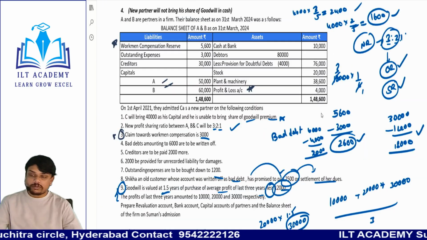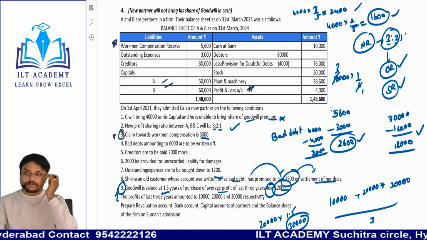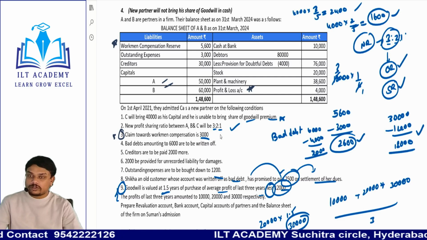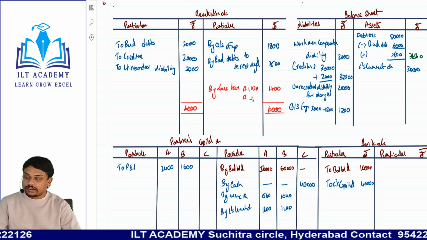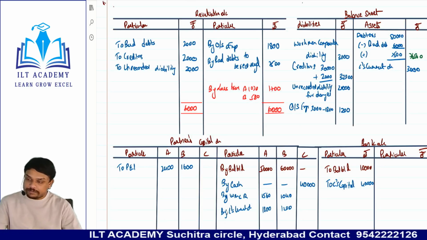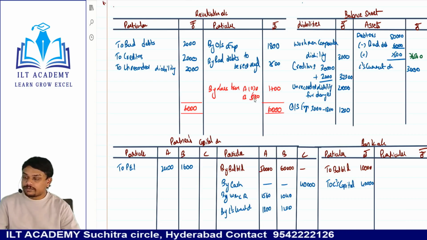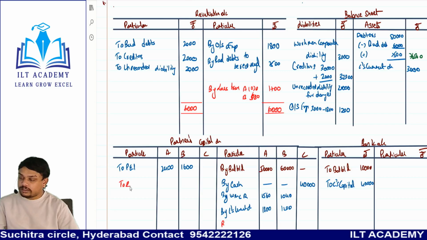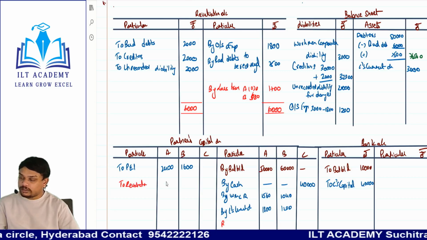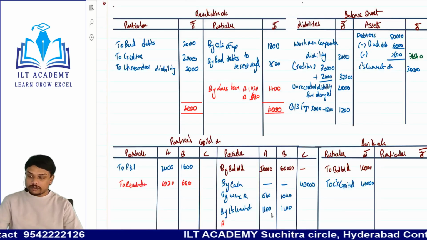You distribute, what will be the amount? 1,020 and 680. ये आ जाता 2 रिव्यू हो गया. अब क्लोज कर देंगे ये अकाउंट्स.